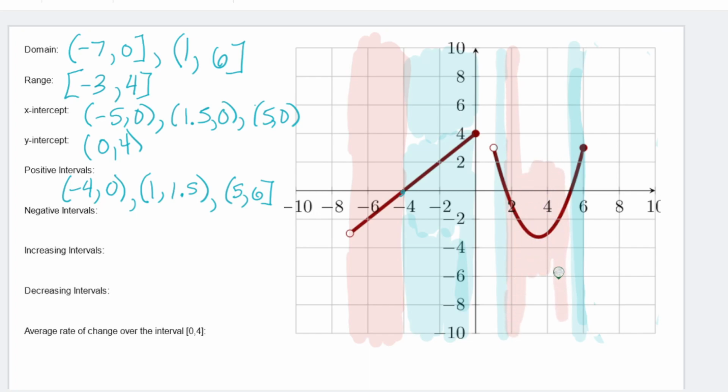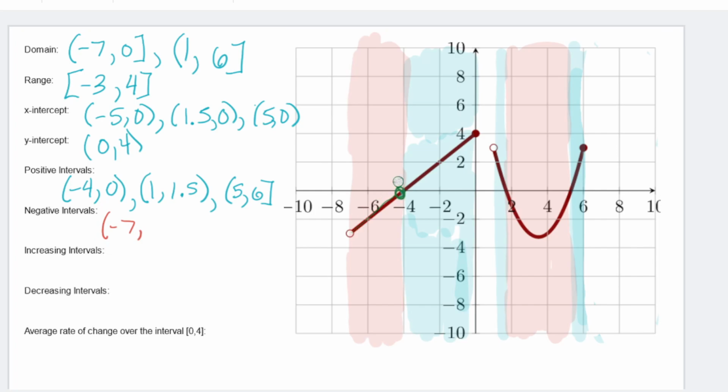All right? So starting here, the left-hand boundary is at -7, and it has an open circle. So I'm going to use the exclusive notation by putting the curved parenthesis.